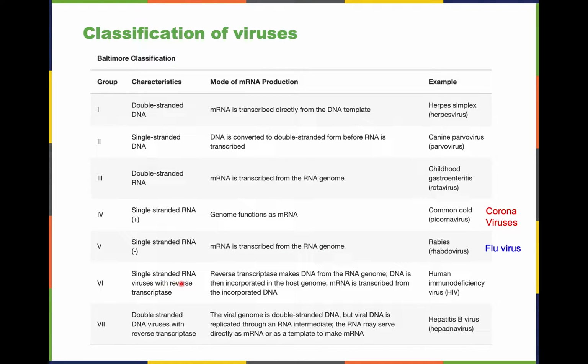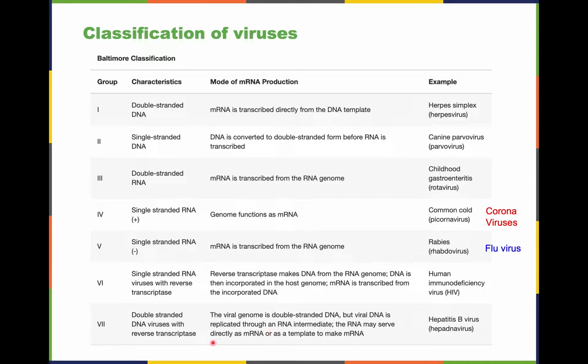Then you have ones that have single-stranded RNA but have an enzyme called reverse transcriptase, which makes DNA from the RNA genome, and that DNA gets incorporated into the genome of the host. And then we have double-stranded DNA viruses, which also have reverse transcriptase, and the viral genome is replicated through an RNA intermediate.